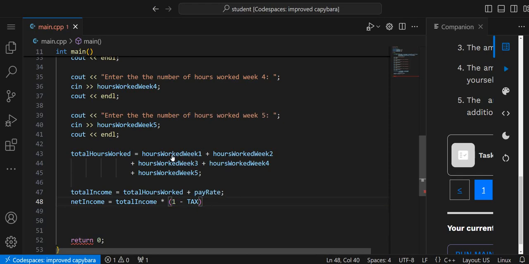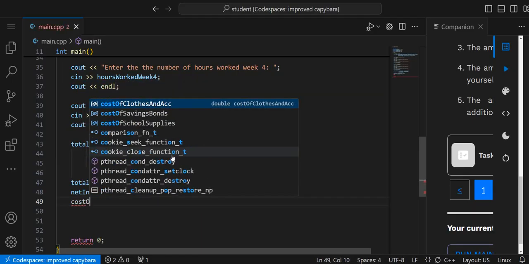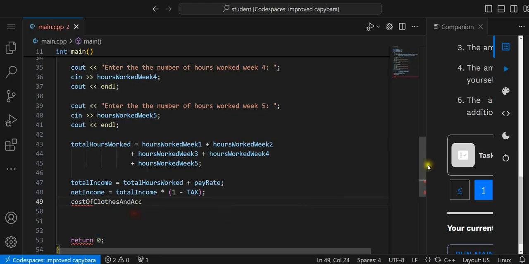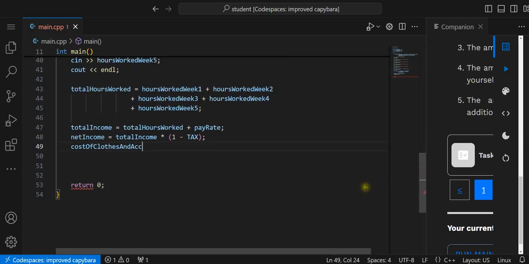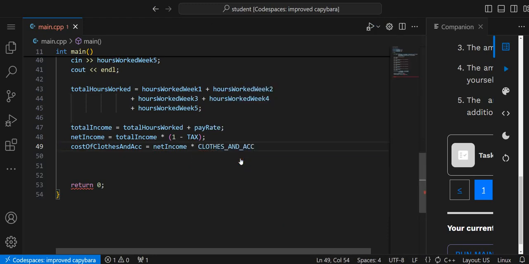And, right, cost of clothes and accessories, it's going to equal net income times clothes and accessories. Clothes and accessories. Yeah.